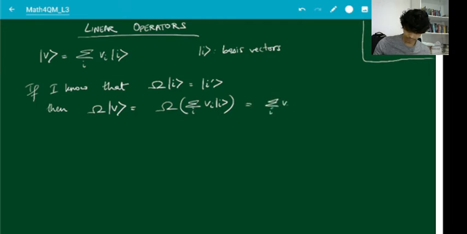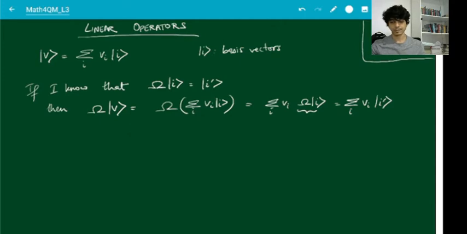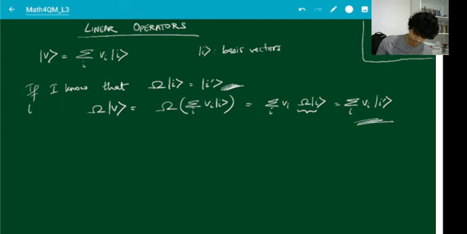So I get the sum of vi omega |i>, and I know that omega |i> is |i'>. So if I know what all the |i'>'s are, then I know what my final |v'> is. So then |v'>, which I am defining as omega operating on |v>, is just given by this formula.